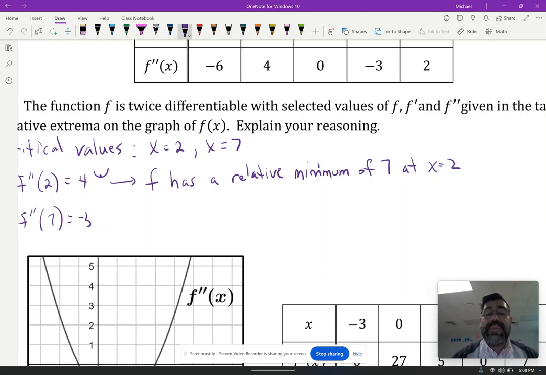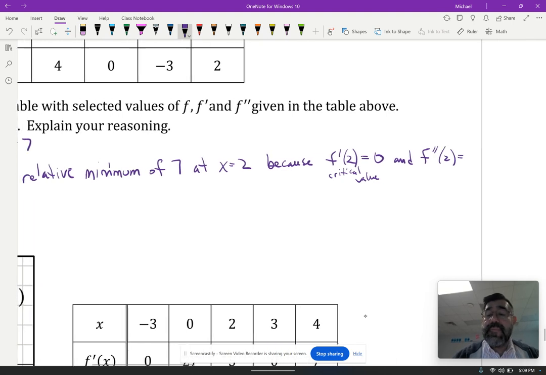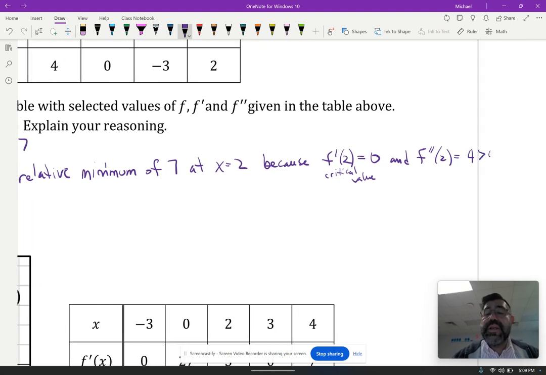So the relative minimum is 7 at x equals 2 because f prime of 2 equals 0. In other words, that's a critical value. And f double prime of 2 is 4, which is greater than 0, meaning that's concave up.